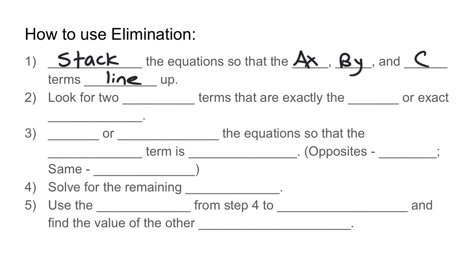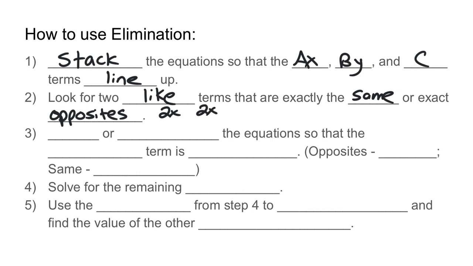Then you're going to look at the equations that you have to try to figure out which variable you're going to be able to eliminate. To be able to do elimination, you have to be able to cancel out one of the variables or one of the like terms by having them either be exactly the same or exact opposites. So you're going to look for two like terms, meaning either two x's or two y's, that are either exactly the same or exact opposites. What I mean by exactly the same would be something like 2x with a 2x.